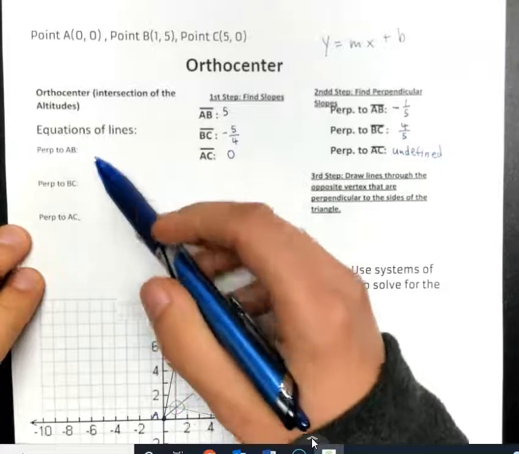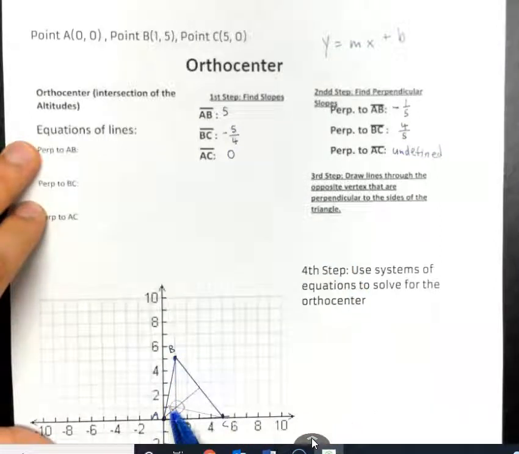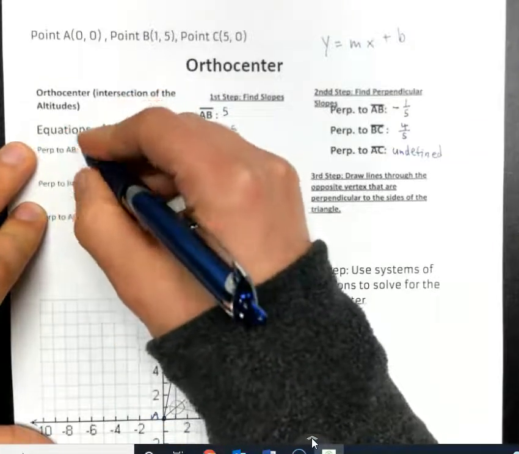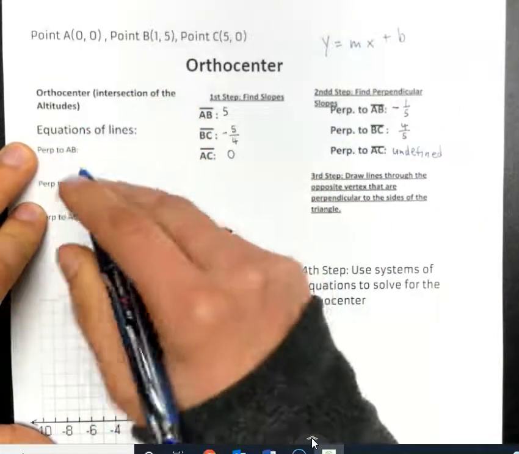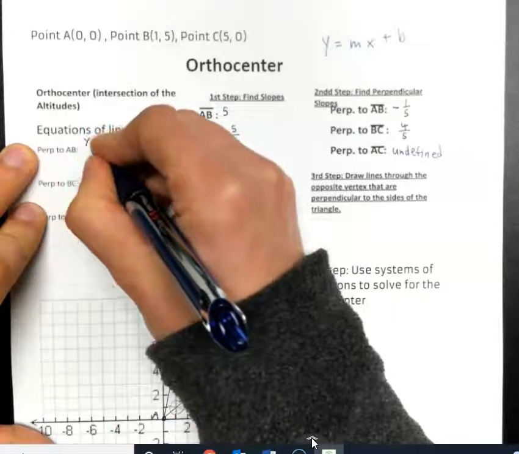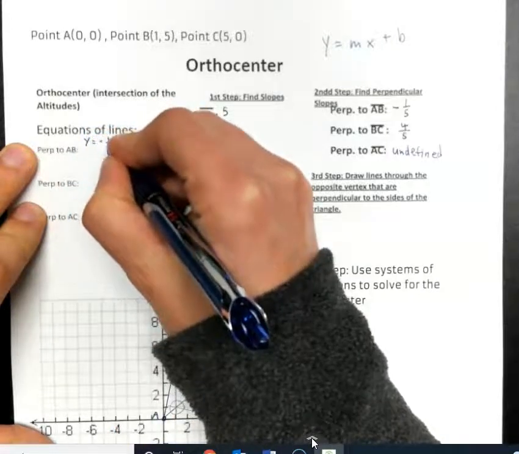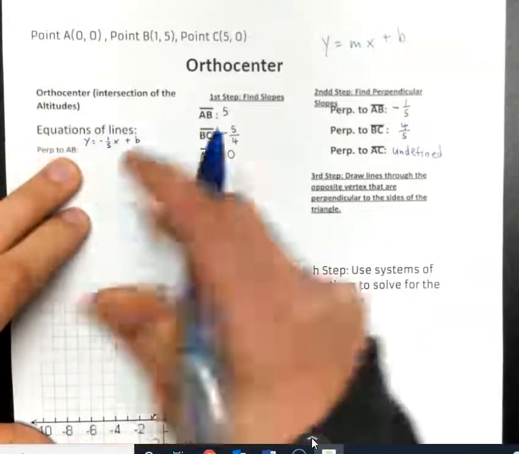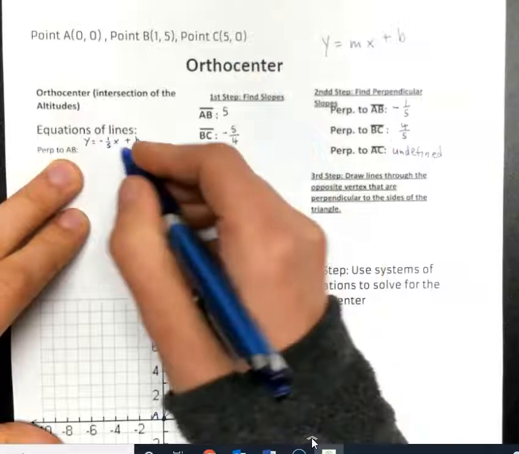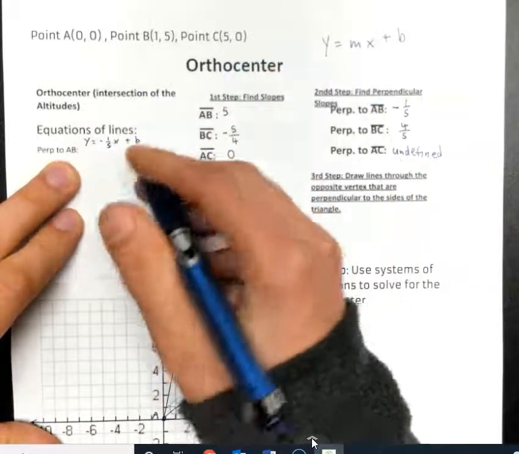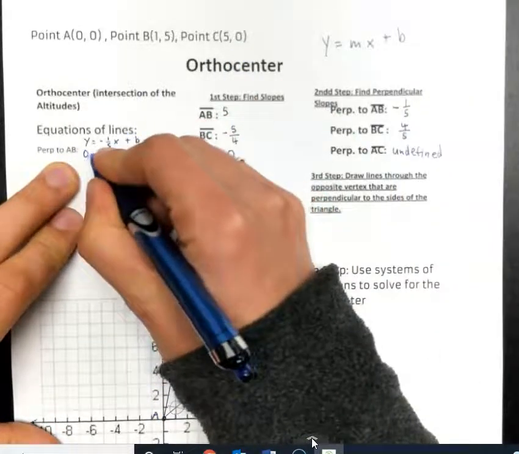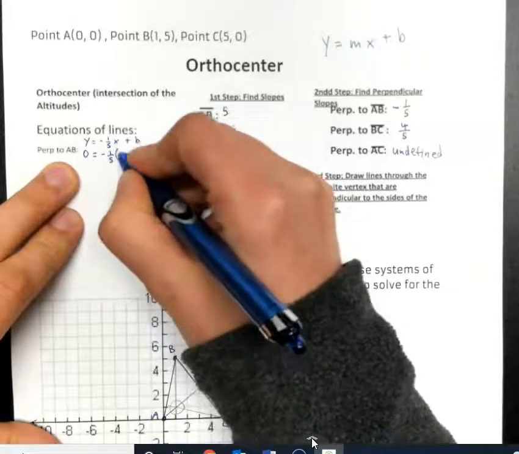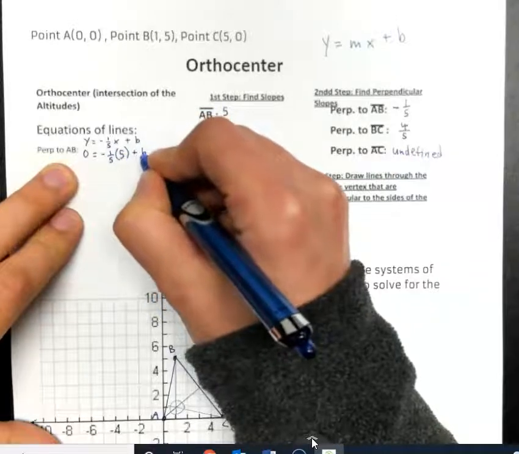So perpendicular to AB, it crosses with point C. So the perpendicular slope for that is -1/5. So we start with y equals -1/5 x plus b. Now, I said we know point C is on that, so we're going to plug in our points for point C. So that's 0 equals -1/5 times 5 plus b.